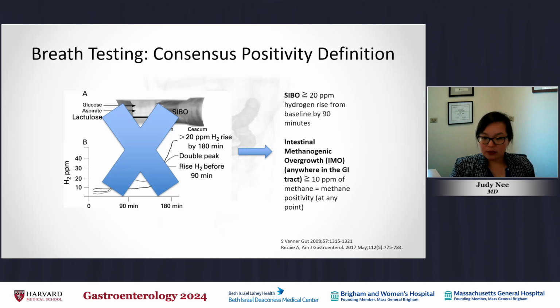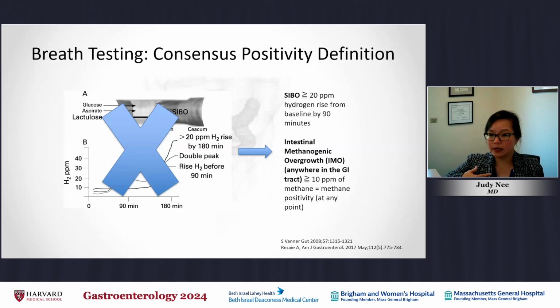But this is not accepted at this point because the North American consensus in 2017 has suggested we should all standardize the way we diagnose positive breath tests. And what that means is that SIBO now is defined as greater than or equal to 20 part per million hydrogen rise from the baseline by 90 minutes.